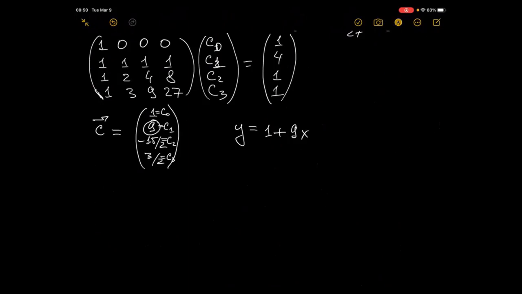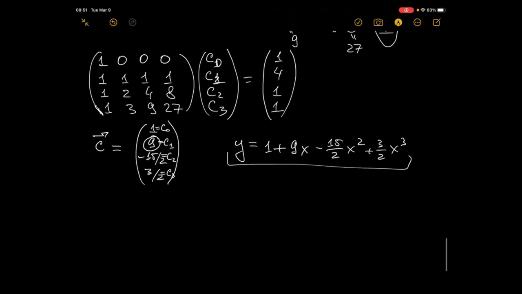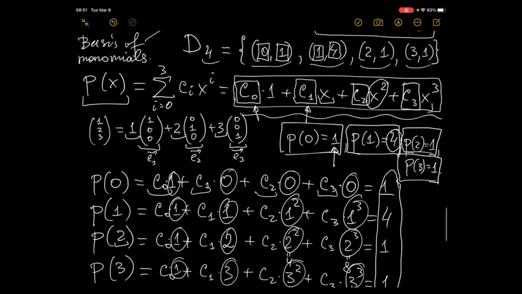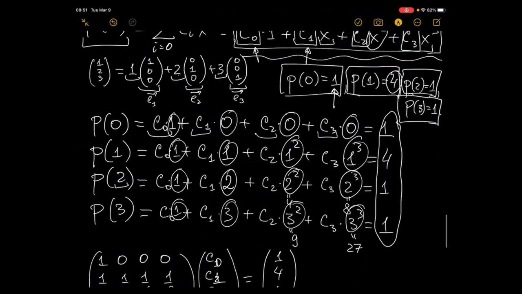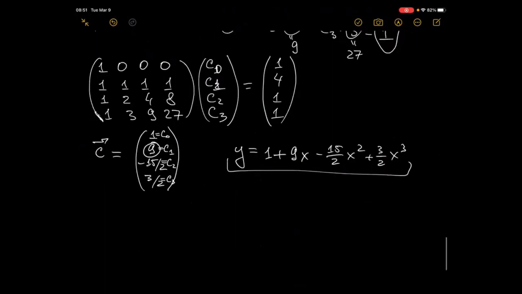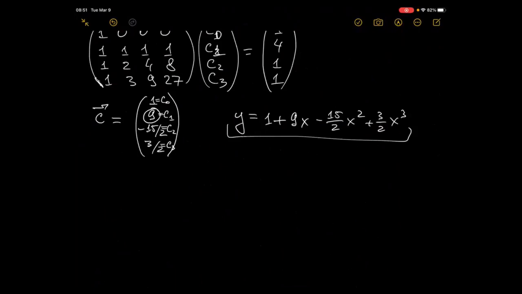So minus 15 halves x squared plus 3 halves x cubed. So this function goes through all these data points. If you have a look at the lecture, which is posted already, there is a figure 1, so you can have a look there.